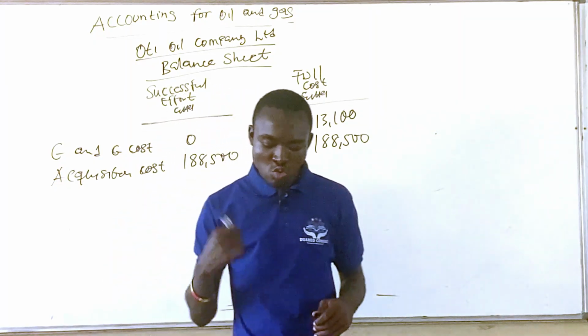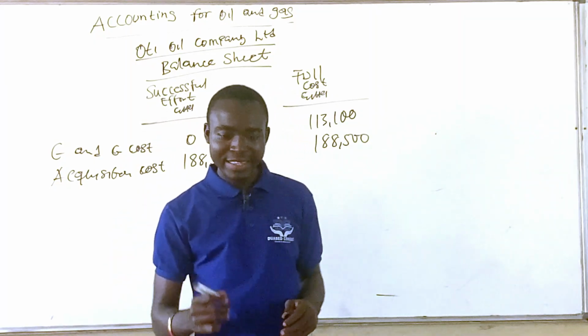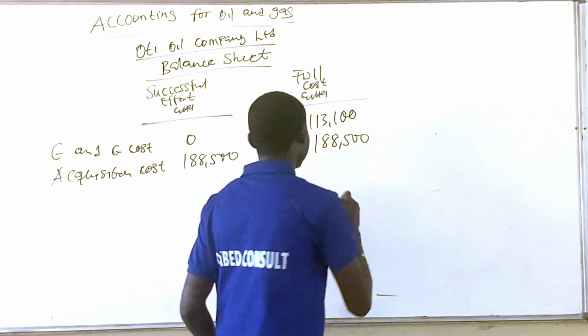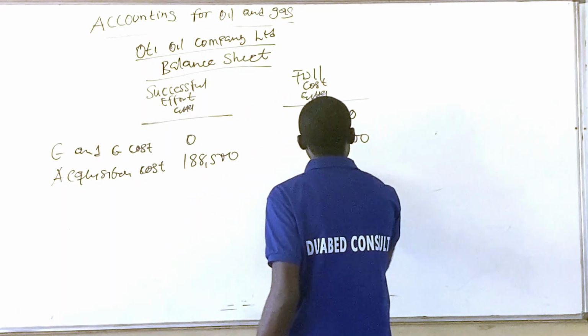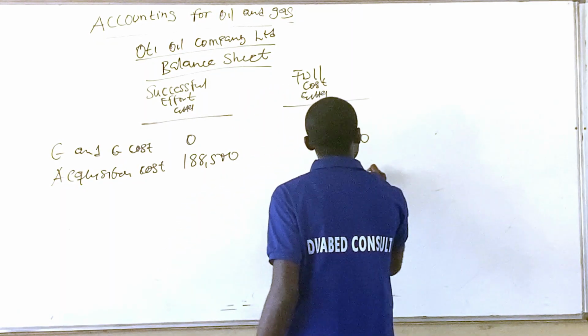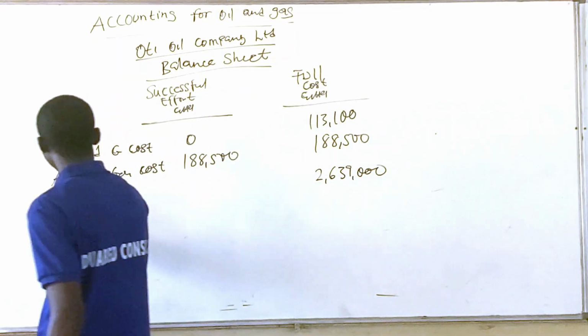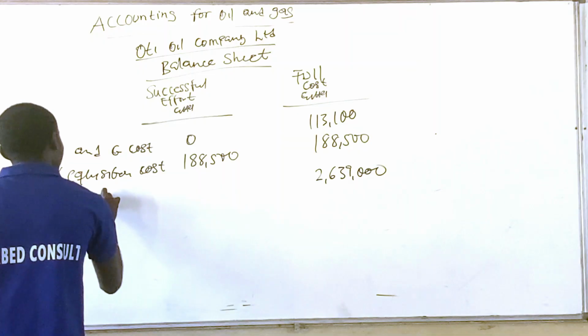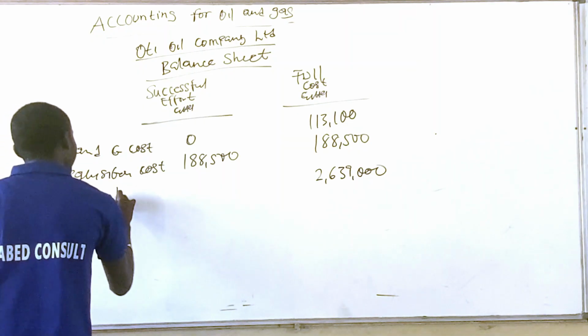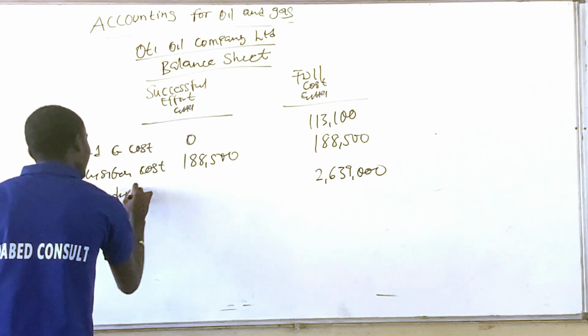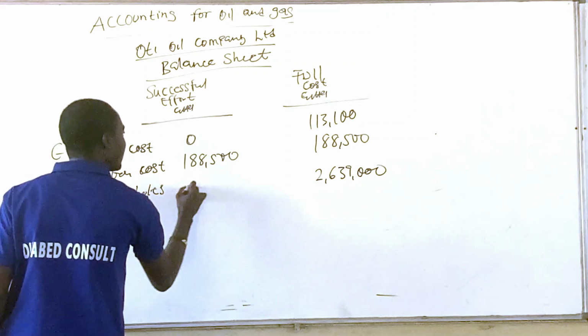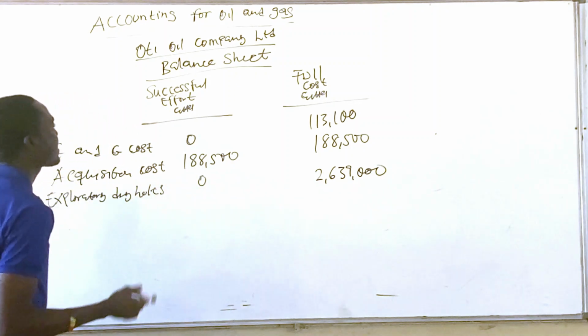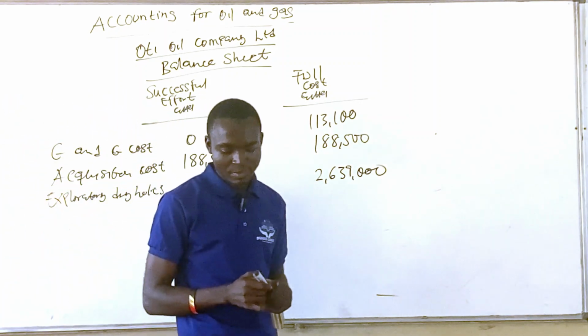And then the amount is 2,639,000. So it will be zero under successful effort method.